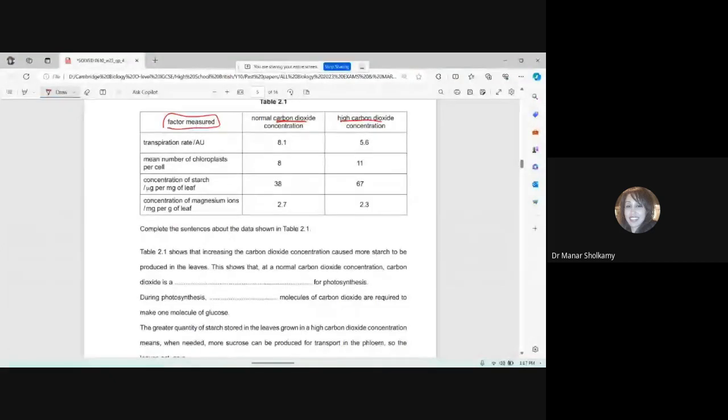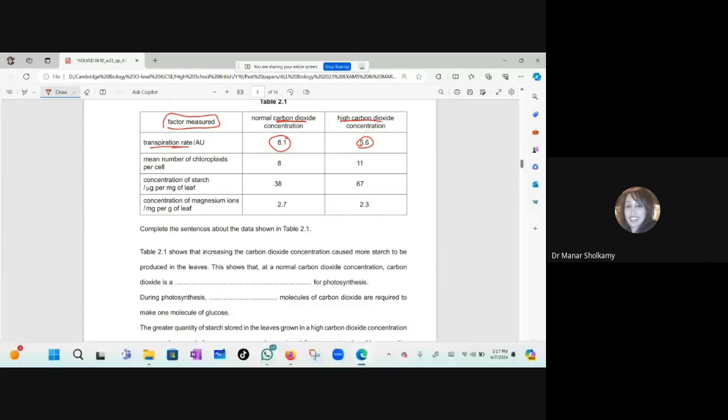Okay? Now complete the sentences about the data shown in table 2.1. Just a quick look at the table. The transpiration rate is high when there is normal carbon dioxide concentration, and it is lower when there is high CO2 concentration. Okay, just 1 minute.